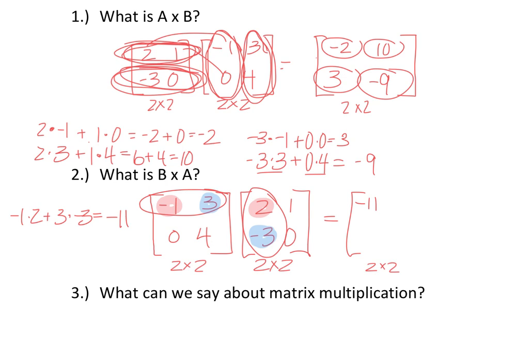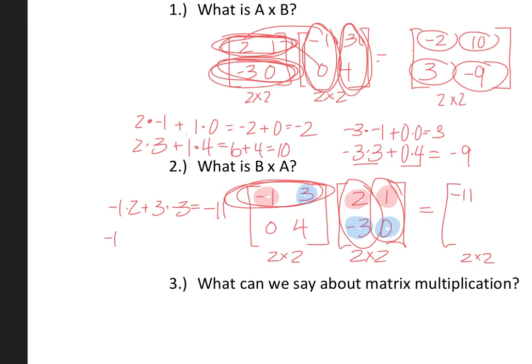All right, I'm going to do the first row again times the second column. So again, I'm going to do -1 times 1 and 3 times 0. We'll do -1 times 1 plus 3 times 0, which comes out to -1. And there we go. So yeah, it looks like we're getting a different answer here.